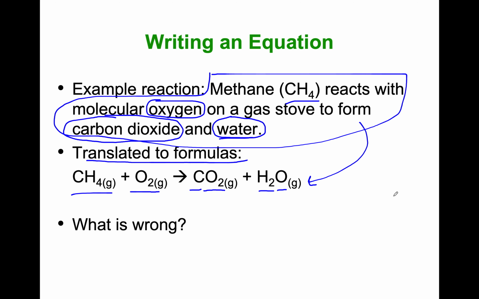What's our problem? What's going on here that we have to deal with? Okay, if we're thinking about matter and we're talking about transferring matter from the reactants to the products, we also have to remember our laws. Okay, and one law was the matter that you had on the left equals the matter you have on the right.